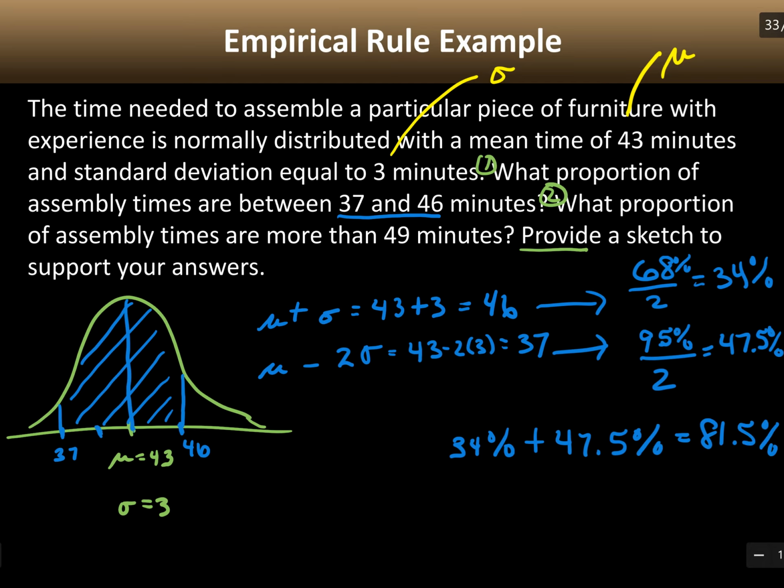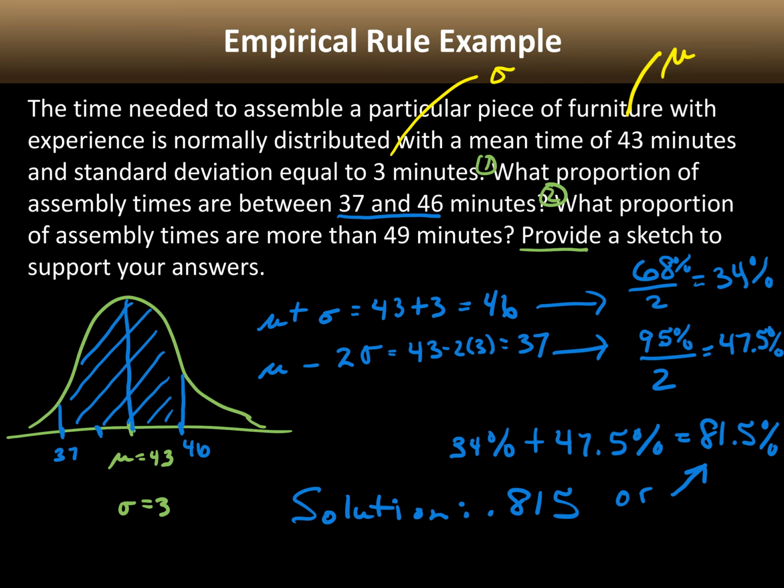And that is our solution. What proportion of assembly times are between 37 and 46? The proportion is going to be 0.815 or 81.5%.